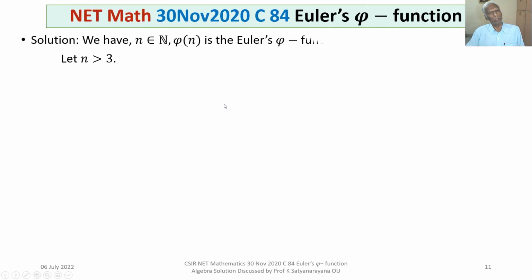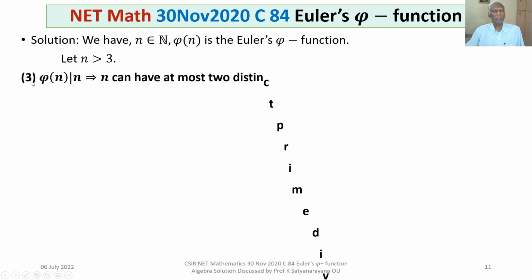Now, let's get into the last one, the statement given in option 3. Phi of n divides n implies n can have at most two distinct prime divisors.